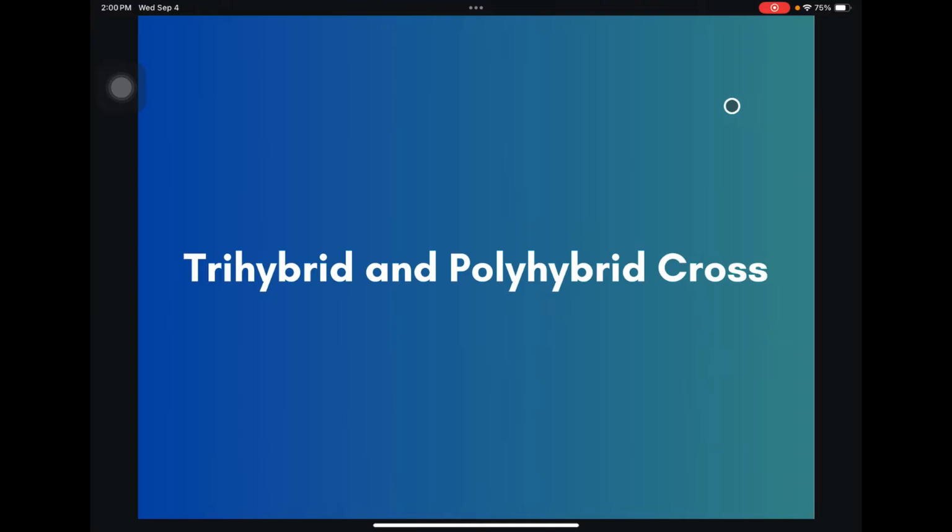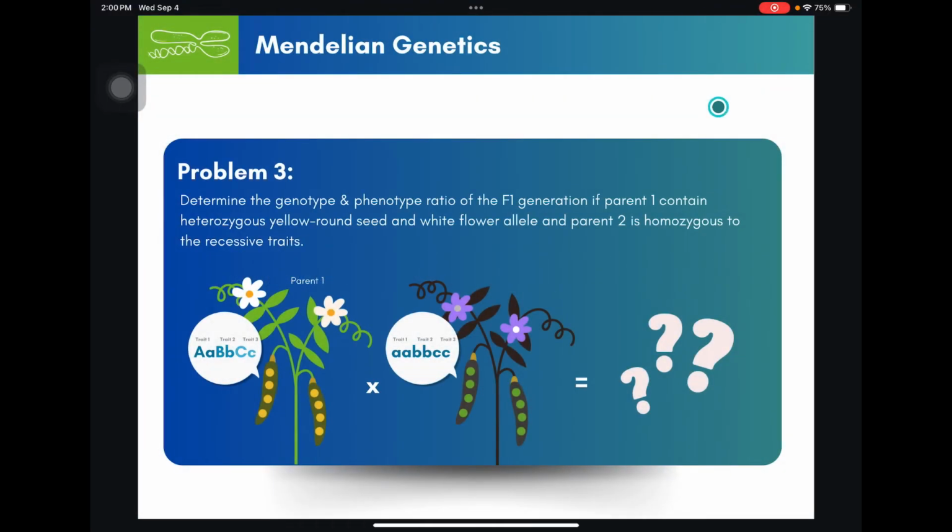Now let's move on to the trihybrid and polyhybrid cross. Considering this problem, determine the genotype and phenotype ratio of the F1 generation if parent 1 is heterozygous for the yellow, round seed and white flower alleles, and parent 2 is homozygous recessive for the traits. Meaning to say that parent 1 carries all of the dominant traits.